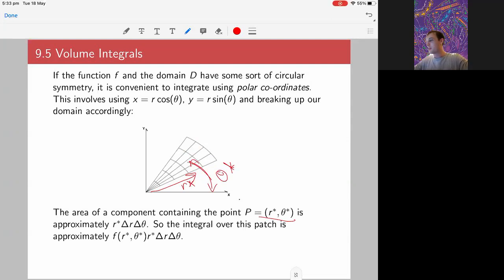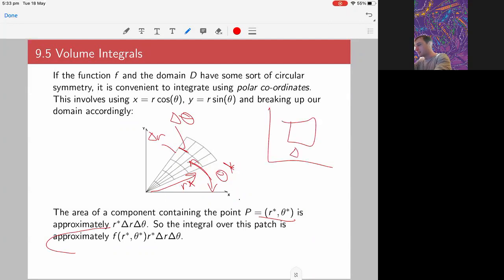Then the area of this particular rectangle is approximately r star times the change in r. So this would be change in r, and this would be change in theta here. Now, this might come as a bit of a surprise to you, because when we think about rectangles like this, we know that the area is change in x times change in y.